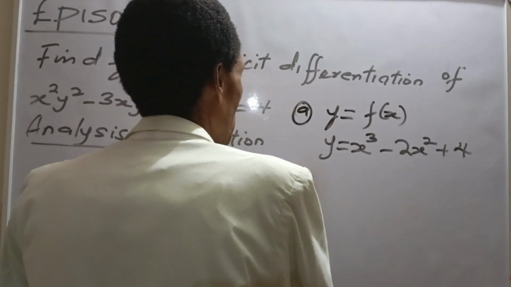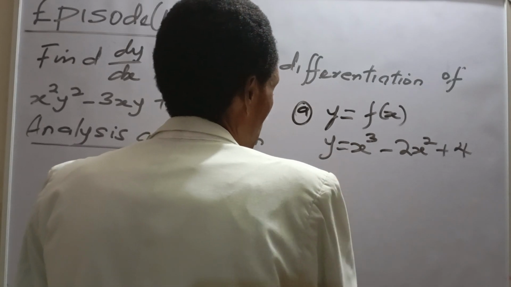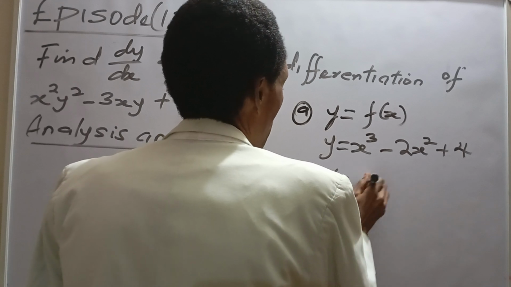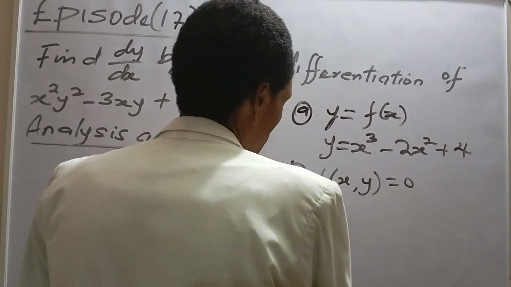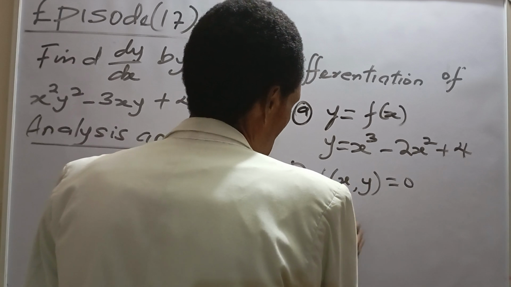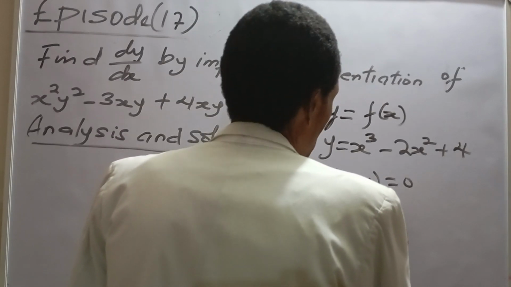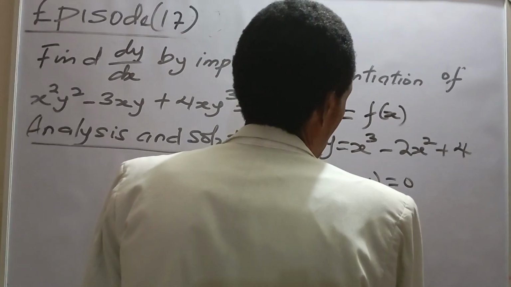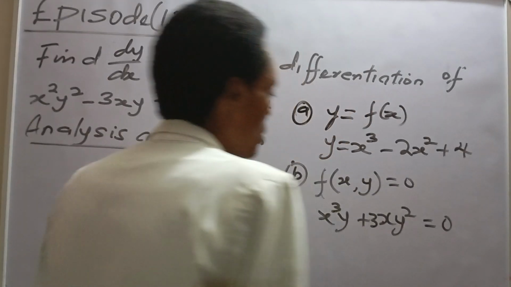Then B, we have f of x comma y equals 0, where we have x cubed y plus 3x y squared equals 0.